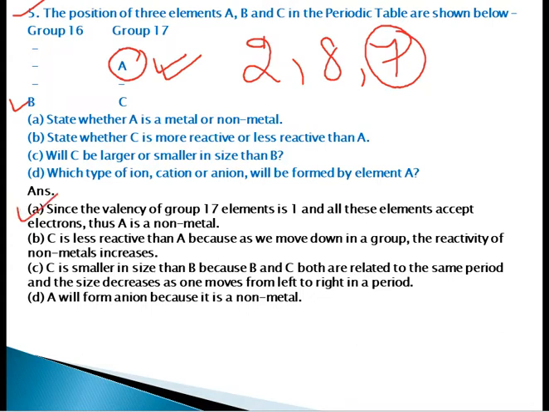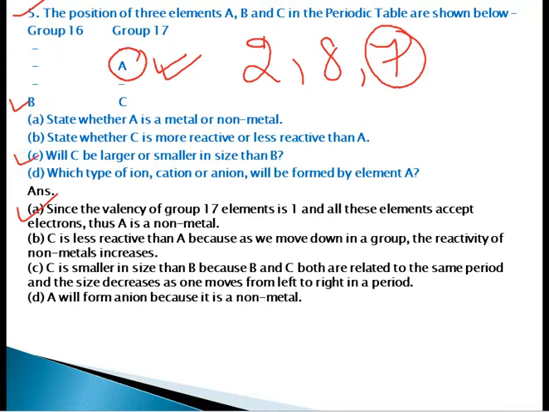State whether C is more reactive or less reactive than A. C is less reactive than A, because as we move down a group, the reactivity of the non-metals decreases. Now, will C be larger or smaller in size than B?